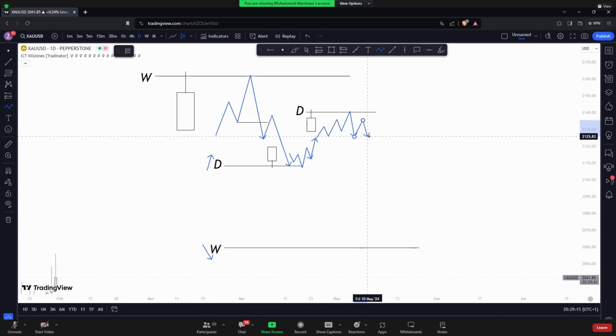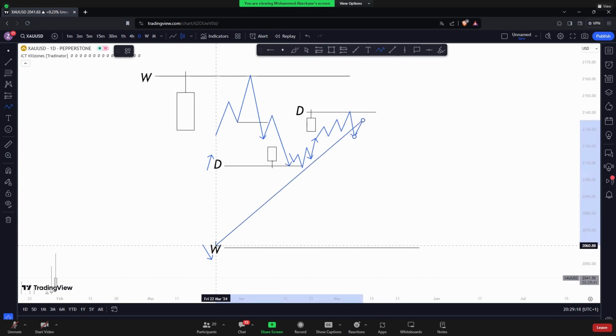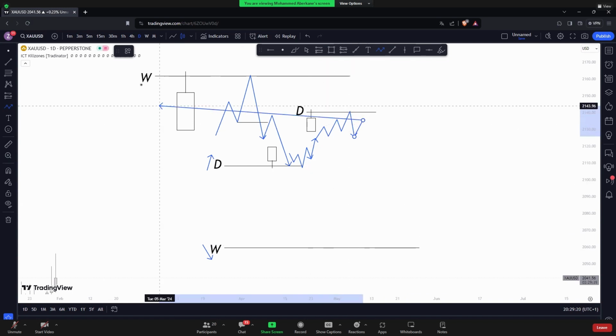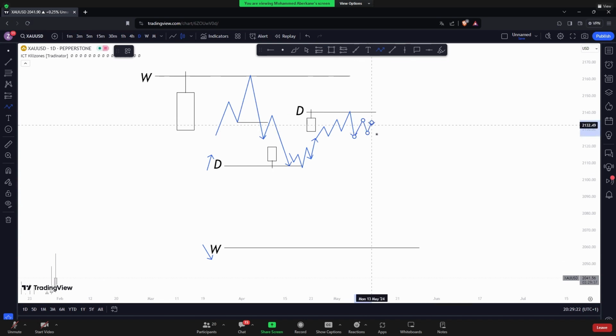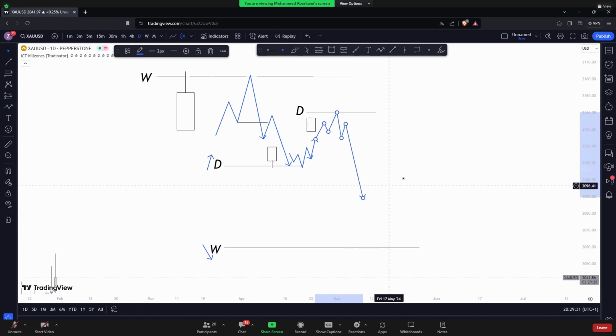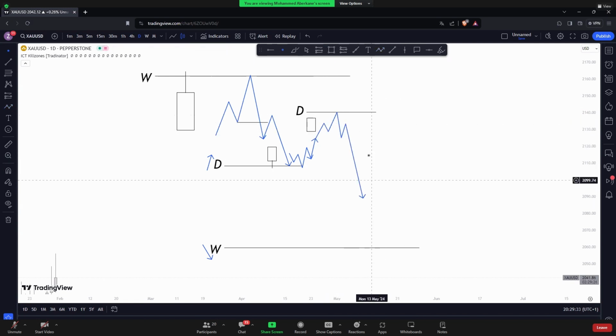So boom, it will eventually go to the next weekly, but when you have the start of a daily aligning with the weekly, it's not going to do something like this. Okay, it's not going to be gentle. What it's going to do is this: break, pull back, boom.